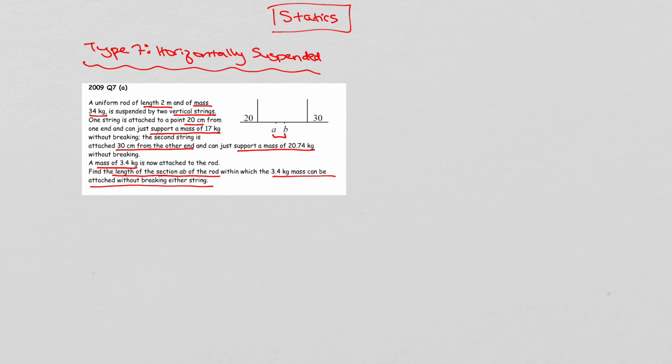Okay, so let's draw a nice diagram here and label in all our forces and our distances and the information given to us. So we're going to have an upward force, let's call it T. And that is a distance of 0.2 of a metre. So we want to change from centimetres to metres there.